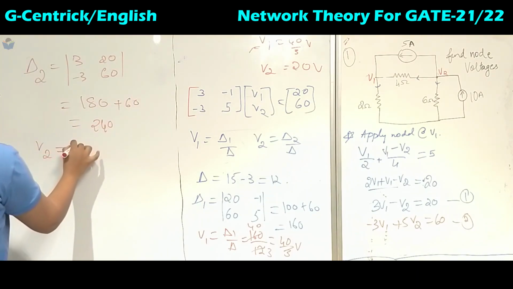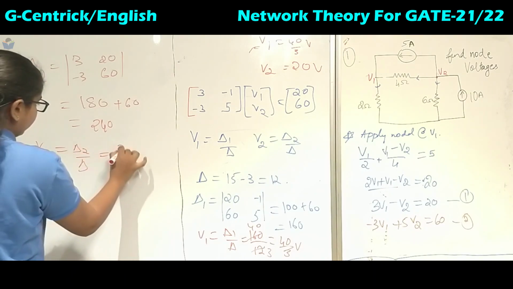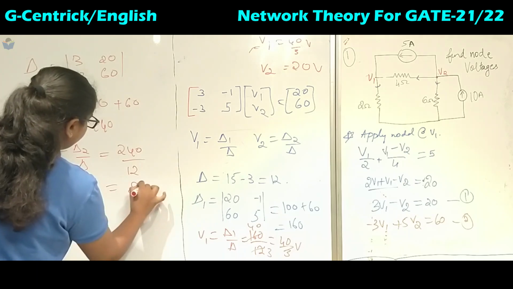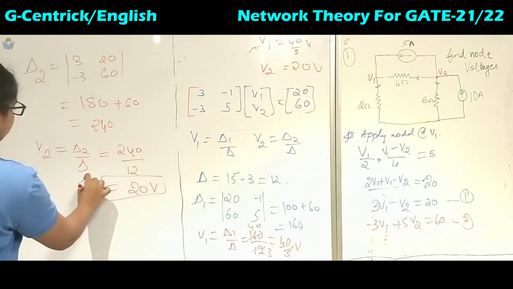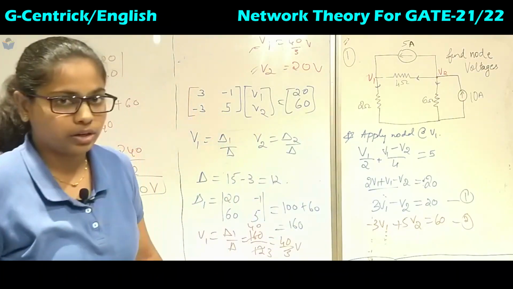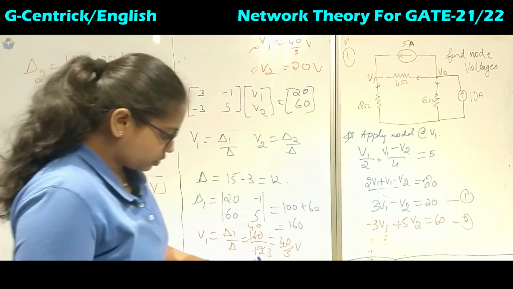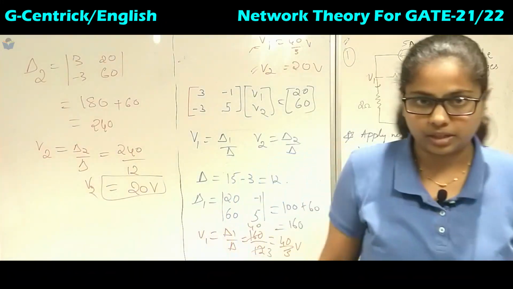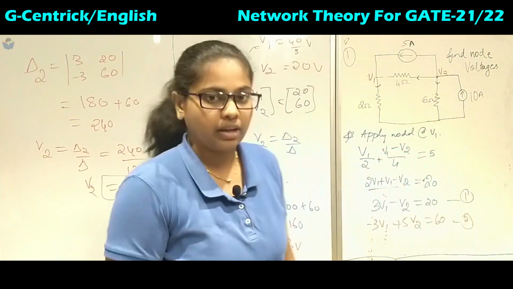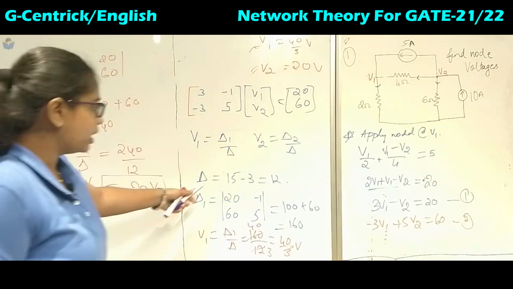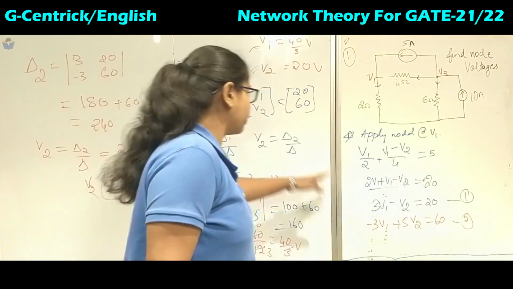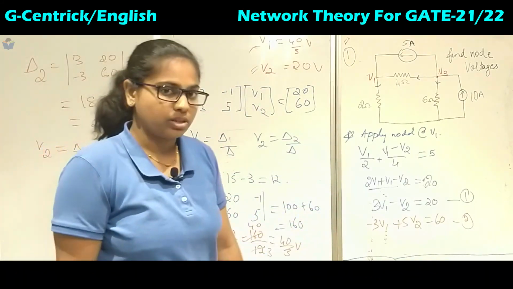V2 is nothing but del 2 upon del, so it is 240 upon 12, which is equal to 20 volts. This is the value of V2, which is the same as what we got from the elimination method. So there are two methods, one is elimination. Whenever you have two equations, we will use the elimination method. It is easy, we already have the equations, so we do not need to use Cramer's rule.